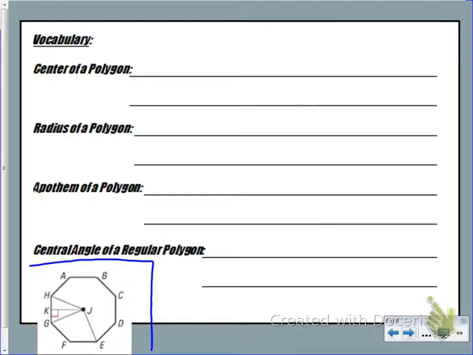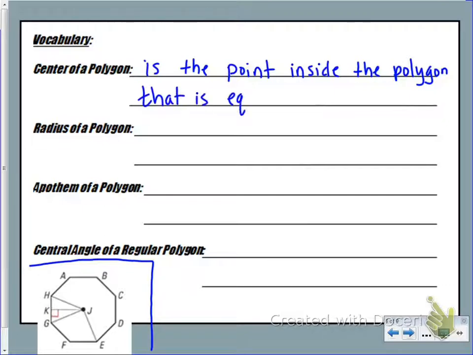So the first thing you need to know is the center of a polygon is the point inside the polygon that is equidistant to all vertices. Keep in mind the word equidistant just means equal distance.